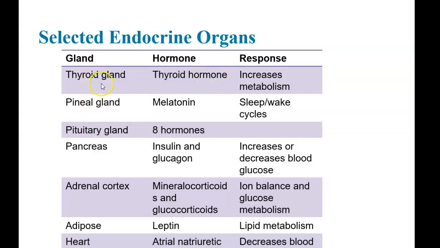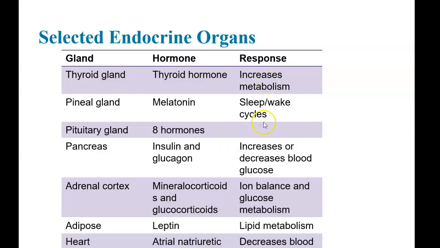Okay, the thyroid gland, pineal, etc. And you do have to know the hormone that they produce. So for example, thyroid gland secretes the thyroid hormone, pineal gland secretes melatonin, and you have to know the response of the hormone. So in the case of melatonin, that regulates the sleep-wake cycles. For the thyroid hormone, that's involved in metabolism.